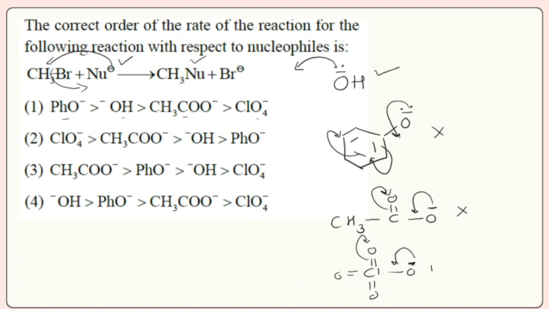So that's why this is going to be the least nucleophile. So where do we have this as a least nucleophile? In 3 options. However, there is only one option wherein the oxygen of the hydroxide is localizing the electrons and acting as a good nucleophile. There is only one such option. Therefore, the right option is option 4.